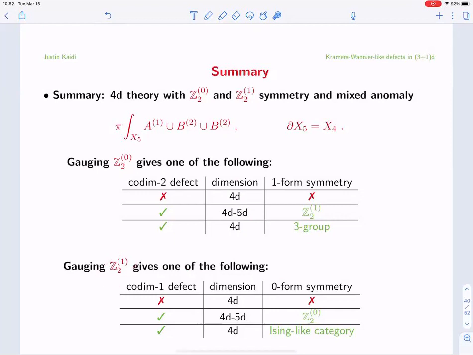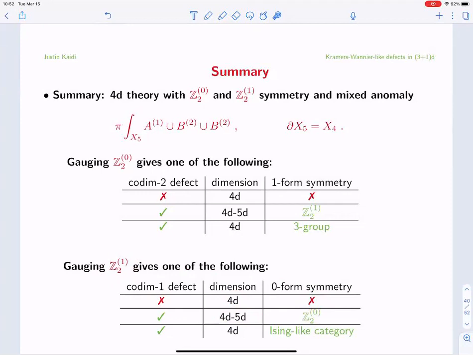Now instead, if I gauge the 1-form symmetry, and I ask what happens to the Z2 zero-form symmetry, there are again 3 interpretations. One is that I can get a 4D theory without a codimension 1 defect, and hence no zero-form symmetry. I can get a coupled 4D-5D system which has a codimension 1 defect, which generates a zero-form symmetry.